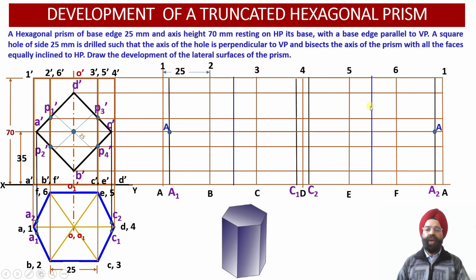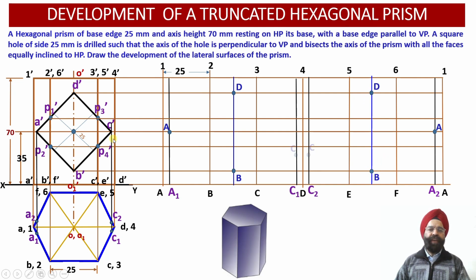Onto these 2 blue color vertical projector lines, wherever we obtain intersection from the horizontal projector lines emerging from the points B dash and D dash, we get the 2 points B and D in the front face, and 2 points of intersection B and D in the rear face of this particular hexagonal prism over here. So again, 4 points we have been able to obtain: 2 in the front face, 2 in the rear face of the solid.